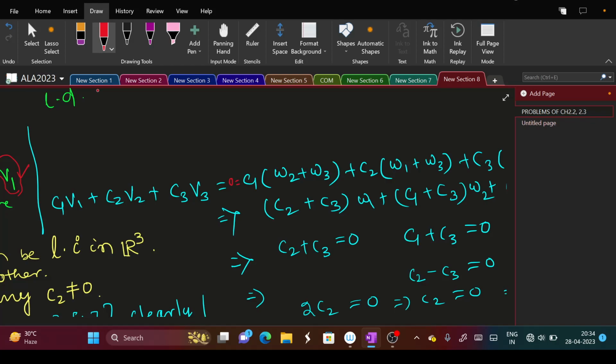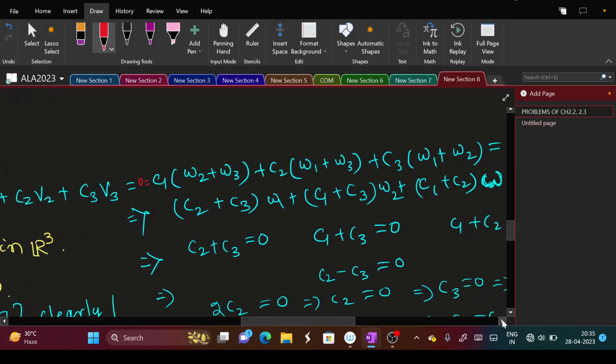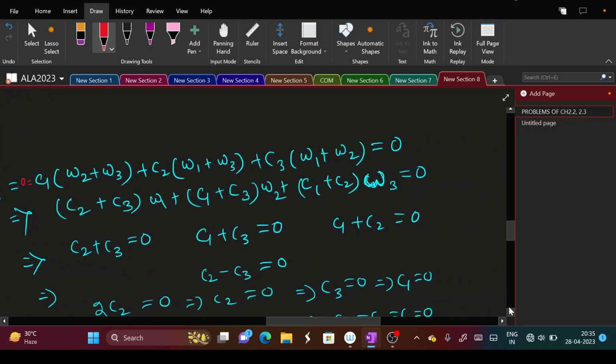So let us substitute the values of V1, V2, V3, that is C1 into W2 plus W3, plus C2 into W1 plus W3, plus C3 into W1 plus W2, is equal to 0.